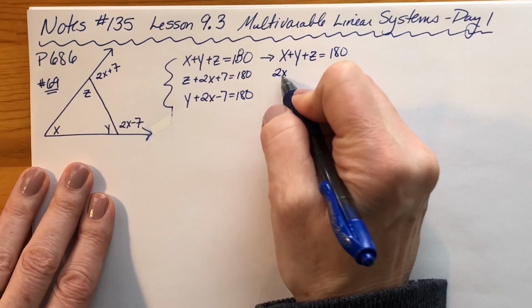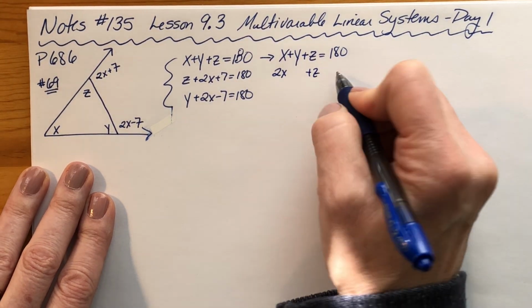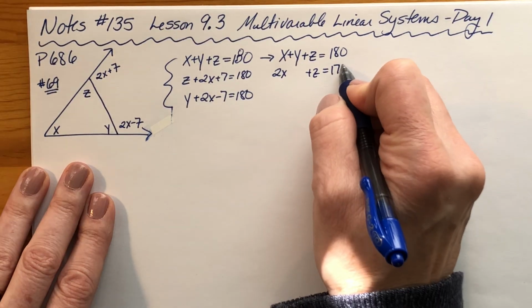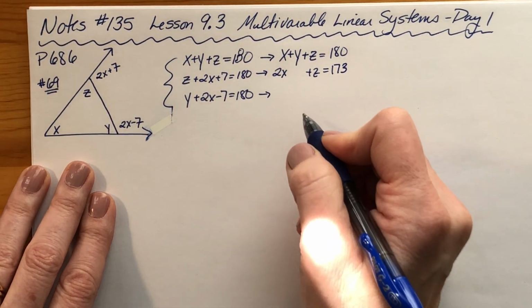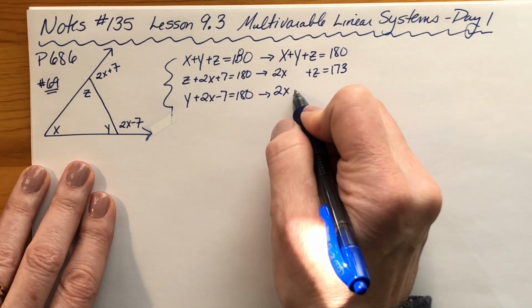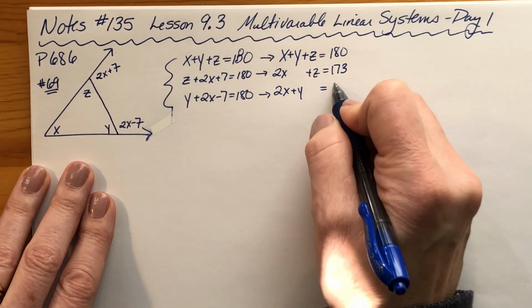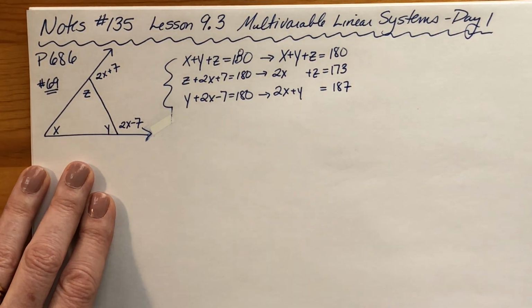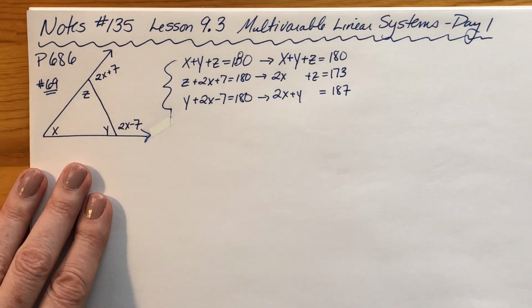This would be 2x plus z, and let's bring the 7 over. So that's 173. Okay, looking better already. And this last one, I have 2x plus y equals, and if I bring the 7 over, 187. All right, so this looks much better. I'm happier with my outcome.